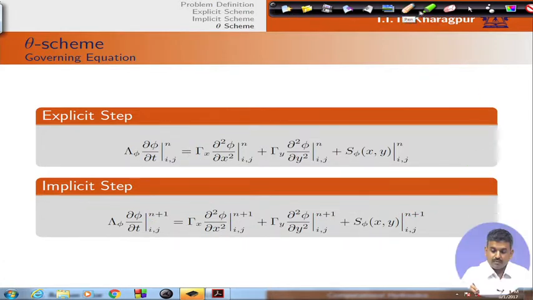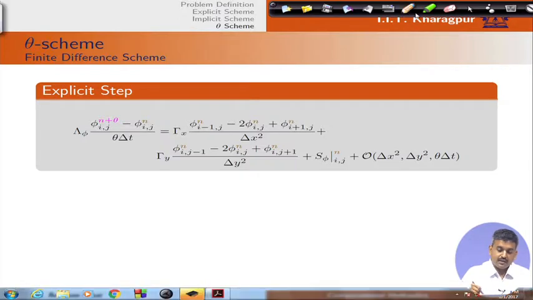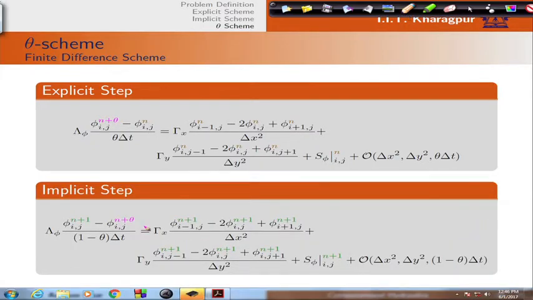So, with this we can write the explicit step for n plus theta level. Right hand side all values are known at nth time level, and implicit step we have all unknown at n plus 1 level, and n plus theta is known from the first step.